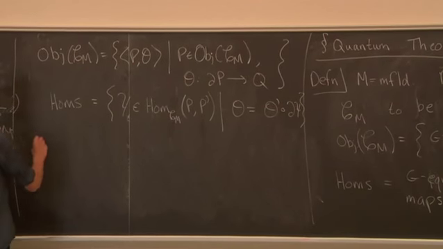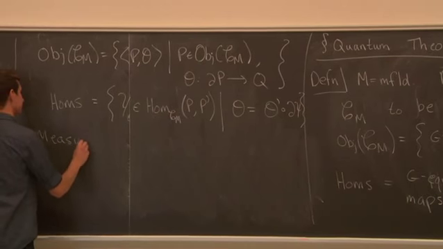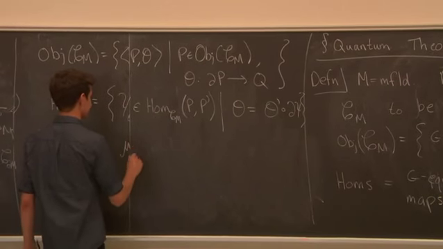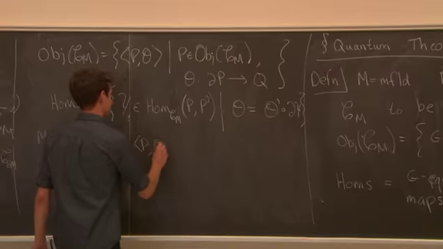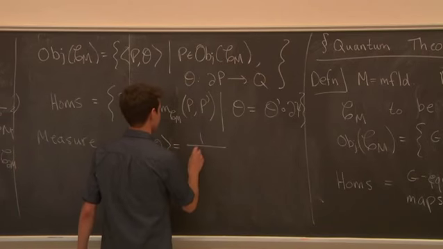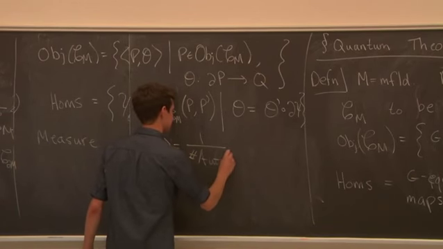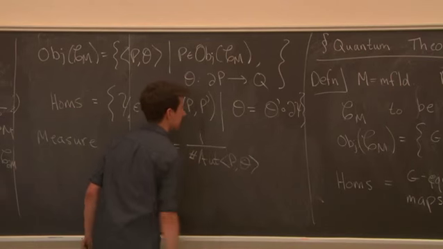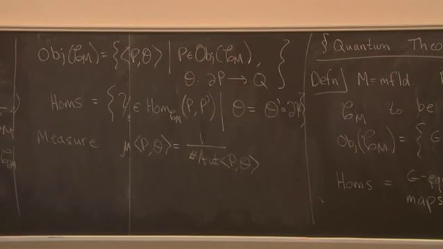And again, similarly, we'll define a measure on this category by dividing out by the number of automorphisms. Notice that any automorphism of P with theta is going to be the identity on these boundary components.